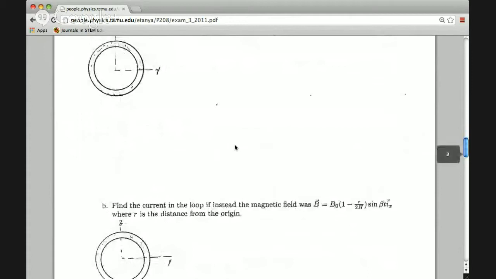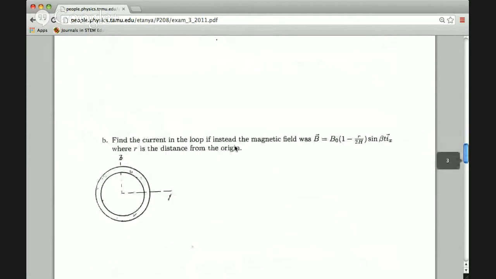If you come down to part B, we have a little trickier case where the magnetic field is a function of r, a function of the distance from this axis out. Now find the current here. If there's no objections, we're going to start with that. And if you have any questions, go ahead and ask them in the chat room.